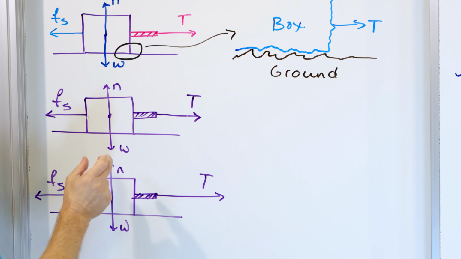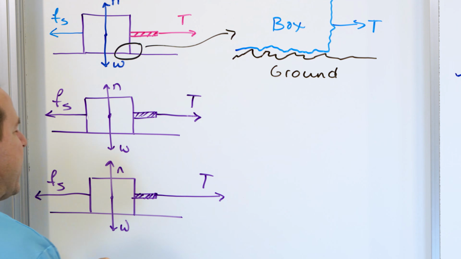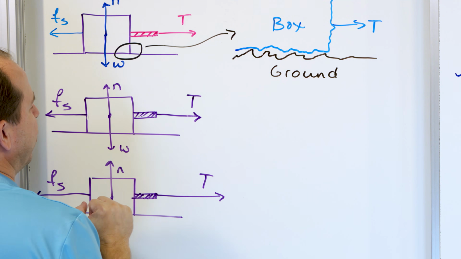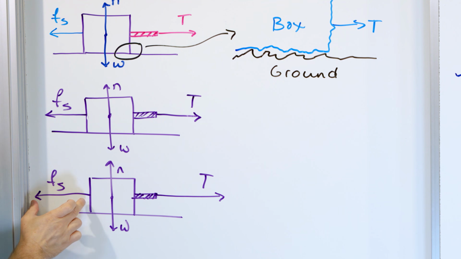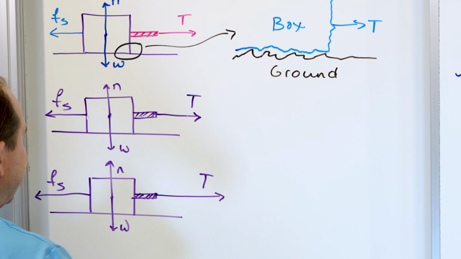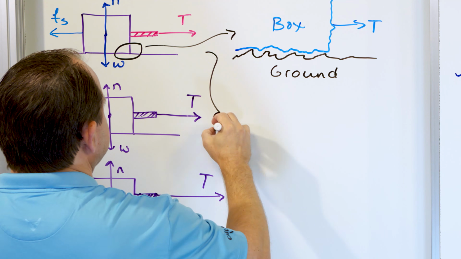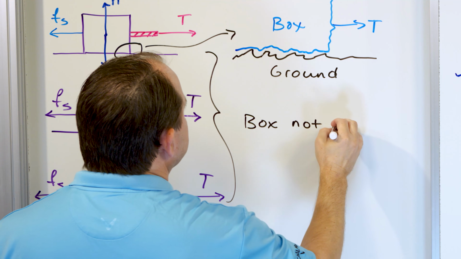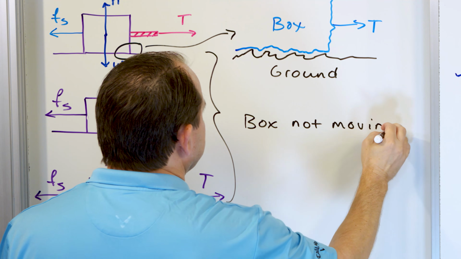Box does not move. Here, I pull very, very hard, right at the breaking point, when it's barely able to hold on. It's about to move. The static frictional force, again, is balanced here. So in all three of these cases, the box is not moving, right?